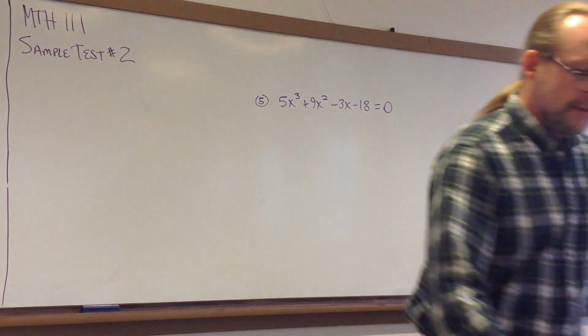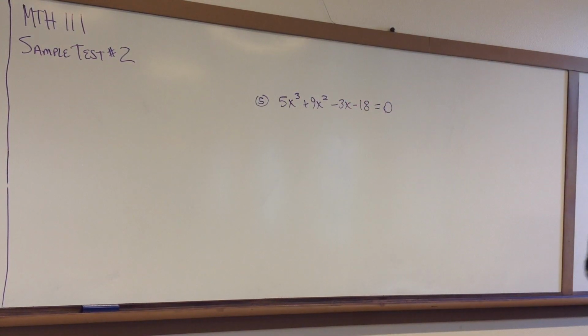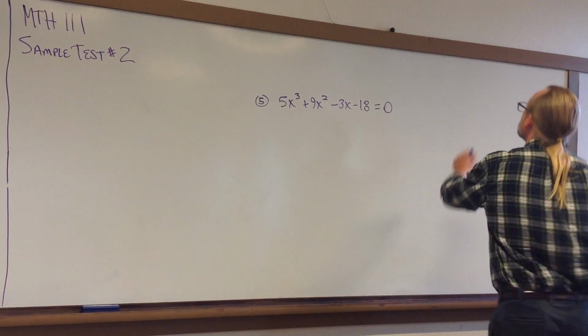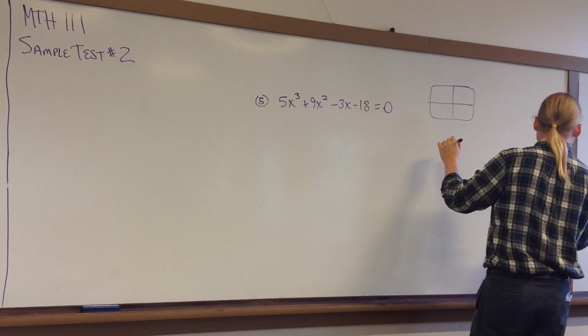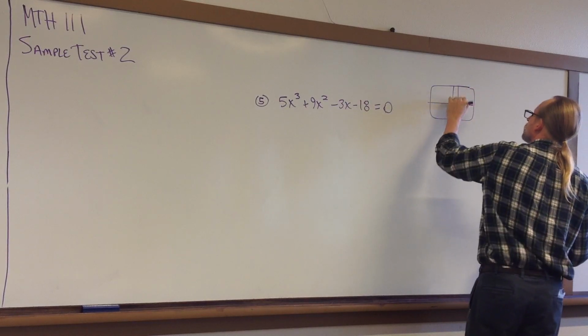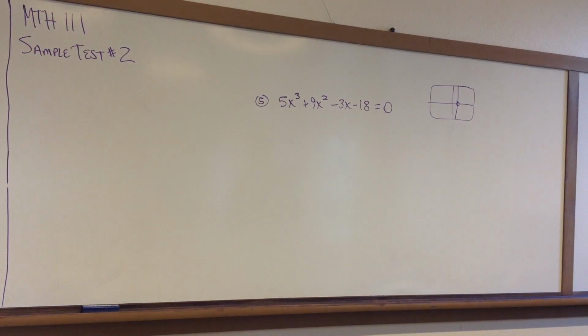So let's go ahead and graph this, and then we will take a look at where those roots are. Okay, so again, I'll draw a little sketch. Here the graph is not quite as important. We just need to know what this root right here is. That's the really important part.